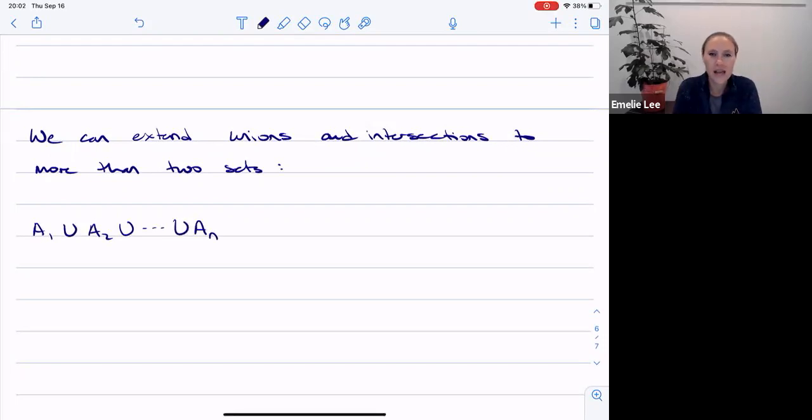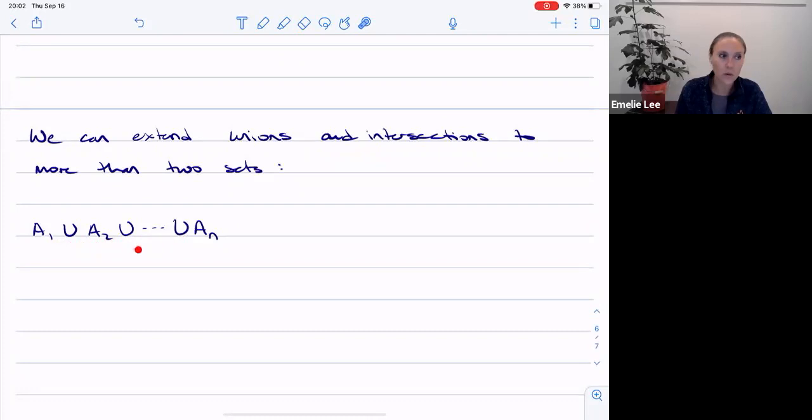Now I'm just using A with a subscript to denote different sets instead of A, B, C, D, E, F, G. I can have A1, A2, A3, A4 up to An, just making room for n sets. And so they're all joined with unions here, is what that's saying.